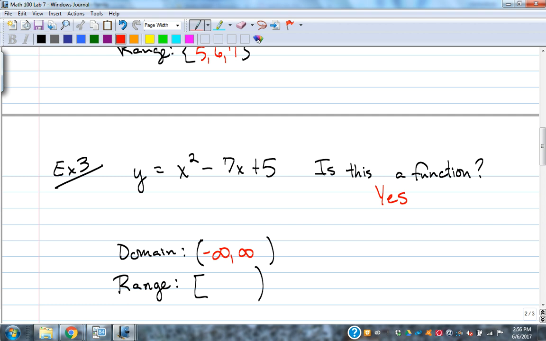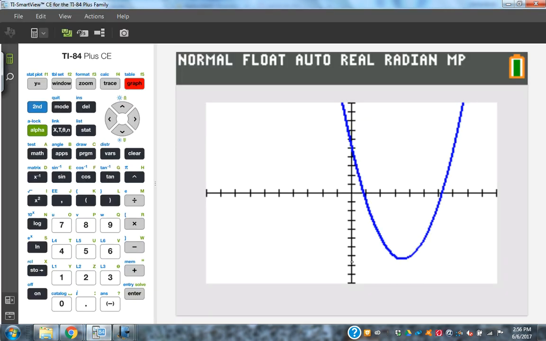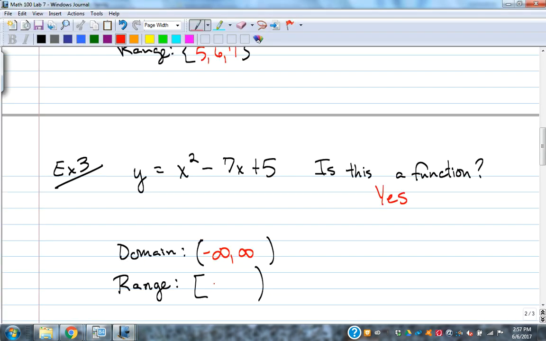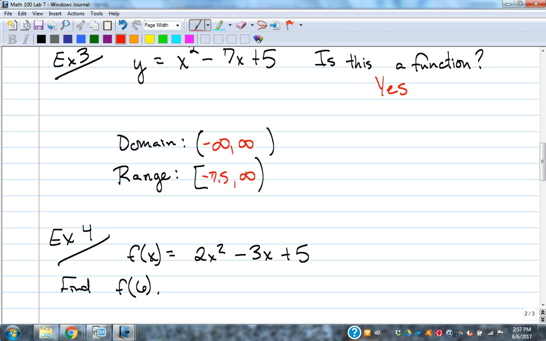The range, when we look at our graph, we can see that the lowest point on the graph is between -7 and -8. The things we'll learn later on go from there. So we're going to say it's from -7.5 to infinity since it opens upward. That'd be a good estimate for that graph's range.